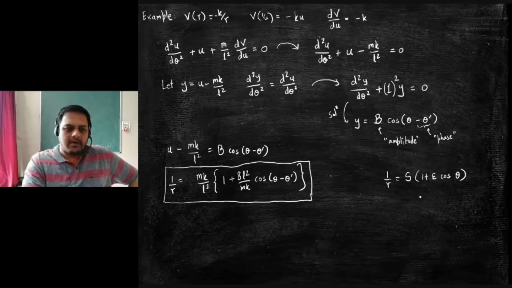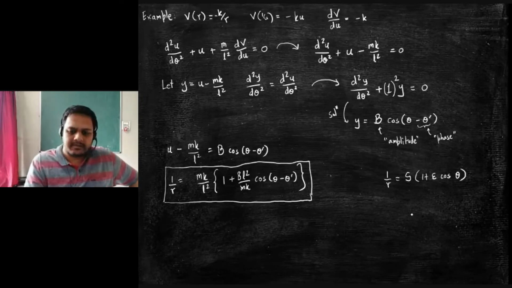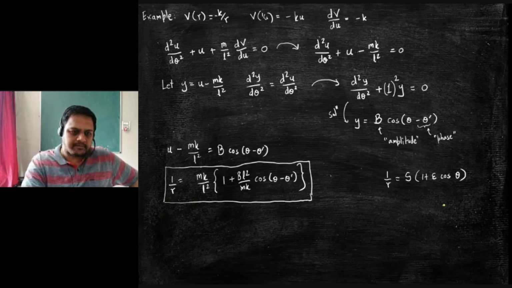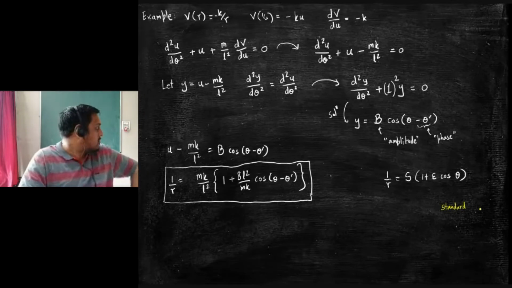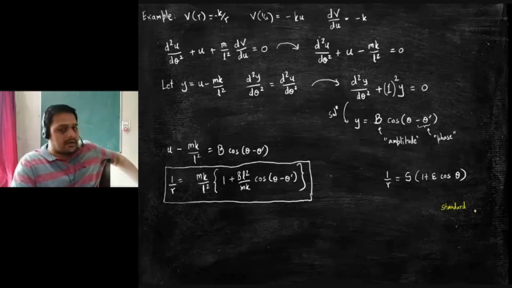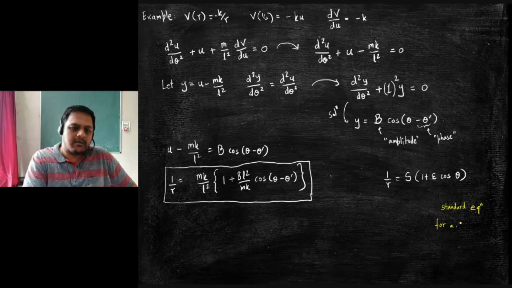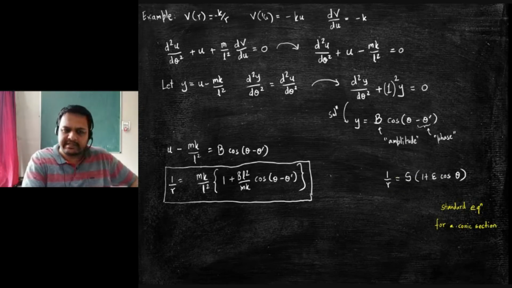This is the standard equation for a conic section, defined in a plane with plane polar coordinates r and theta.